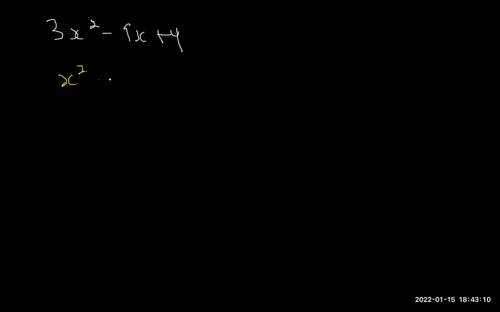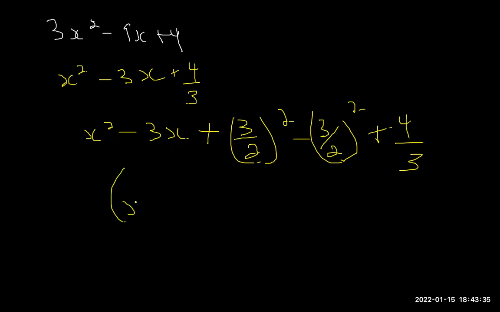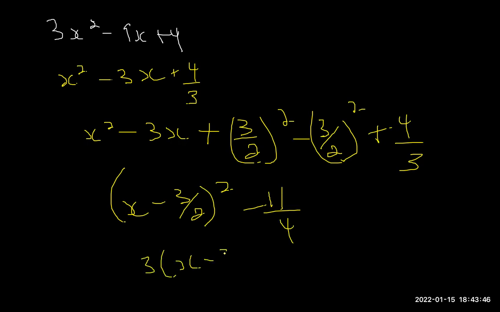That's 3 times x squared minus 3x plus 4 over 3, squared, plus 4 minus 11 over 4. And then, so the final answer is this.